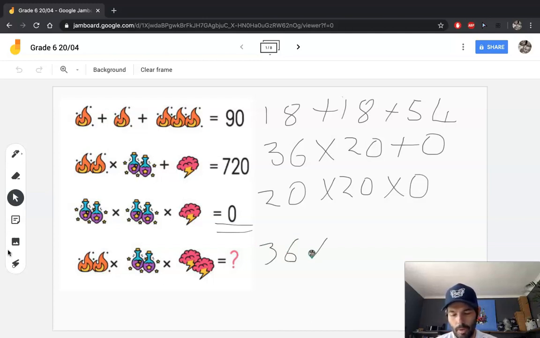My potion remains 20. However, that cloud slash brain power is continuing to be 0. Okay, and my final answer then is going to be 0. So the key there, anything multiplied by 0 is 0. I'm pretty sure you guys are aware of that.